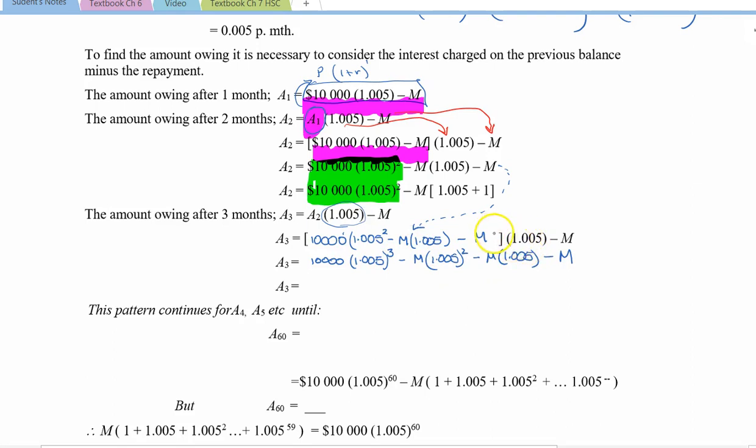So the rest of that line has been set up, and let's do the multiplication by this into that square bracket. So it becomes 10,000, 1.005 cubed. Multiplying this term, we'll end up with the square. Multiplying this, we end up with 1 lot, and of course on the end we've got our minus m.